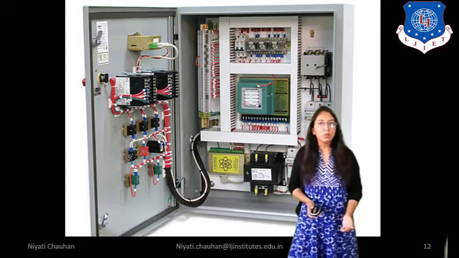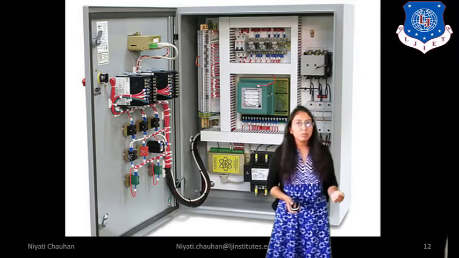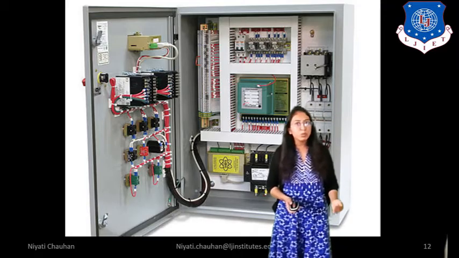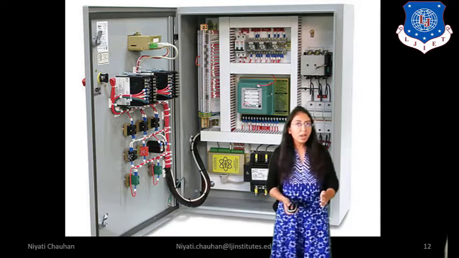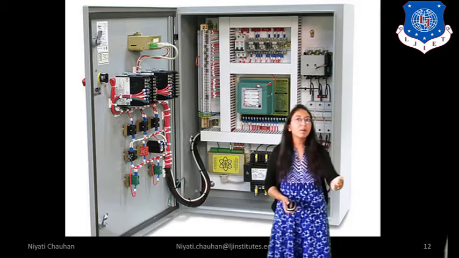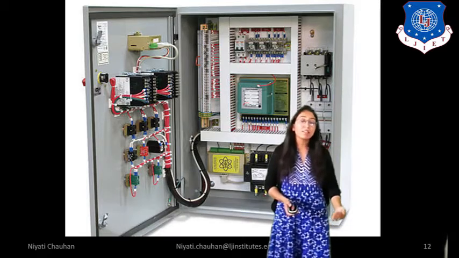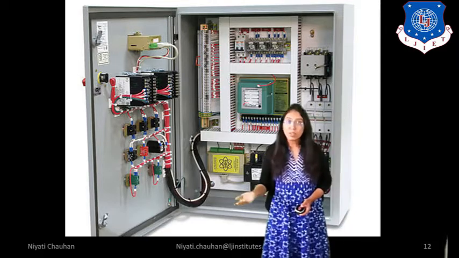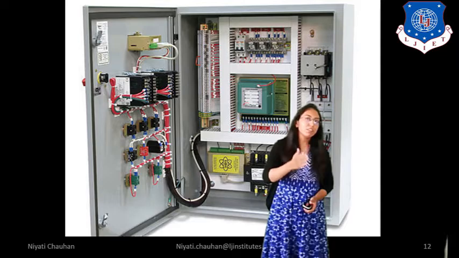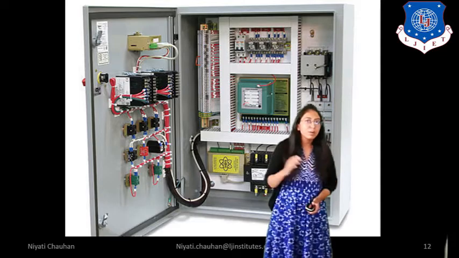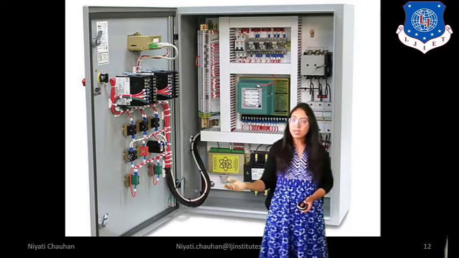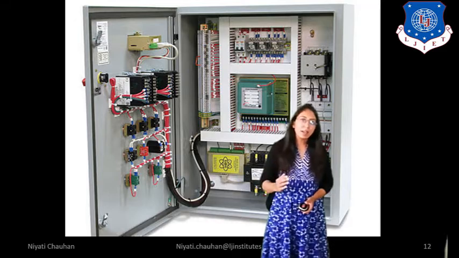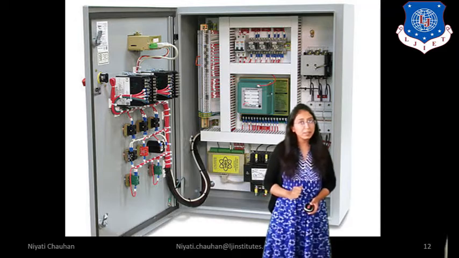In chapter 2, first I started from input cards and output cards. In input cards, how many channels are available, and in output cards, how many channels are available, we have discussed. Then the main components of a distributed control system. First, the high-level operator interface. Second, the low-level operator interface.